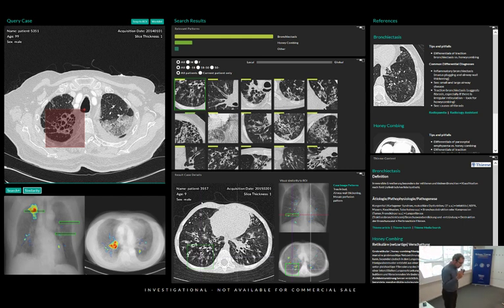Now, one of the really difficult things about this is that we're working on these large 3D images. So doing the similarity comparison between a few thousand images is really tough. So back about 8 years ago in the EU project, the first prototype of this needed about 1 minute to do a search.